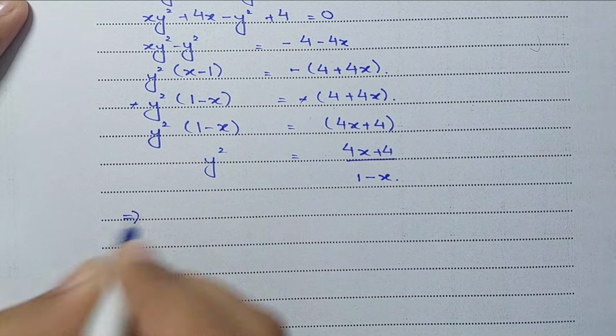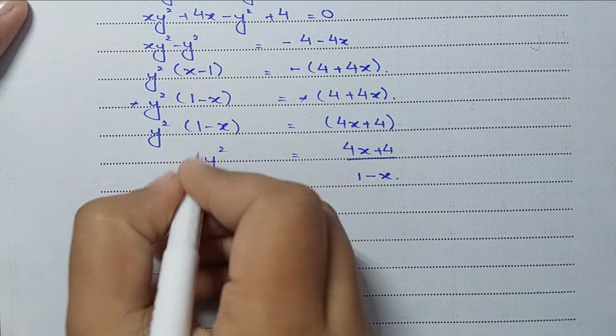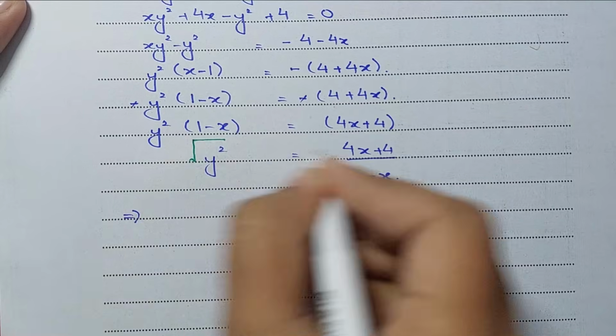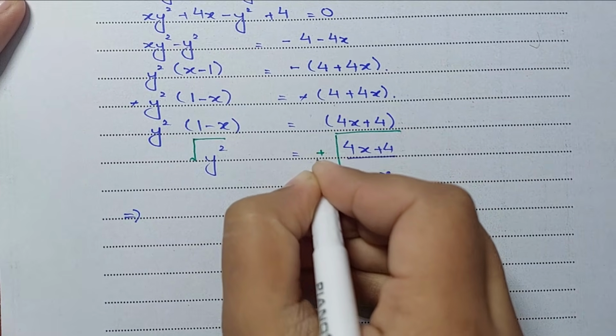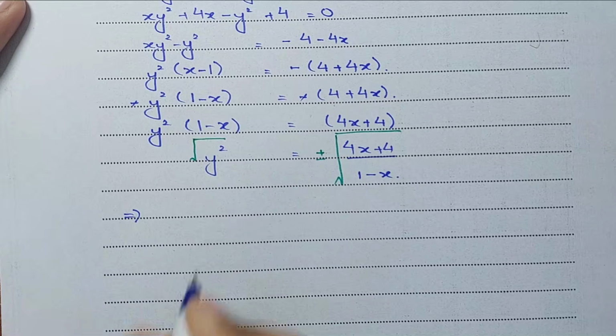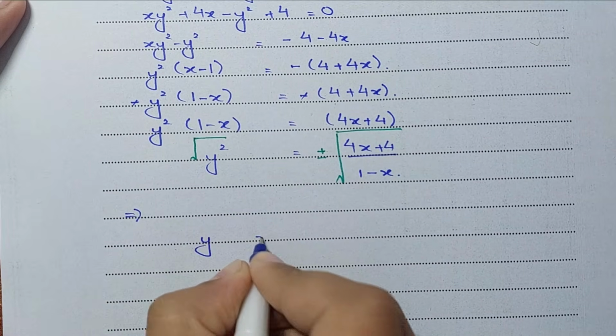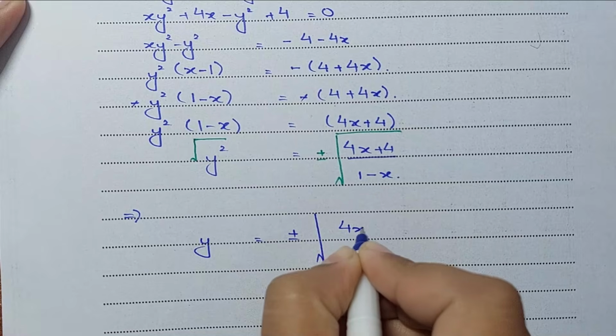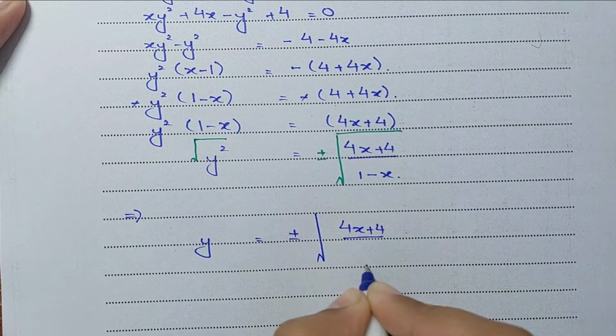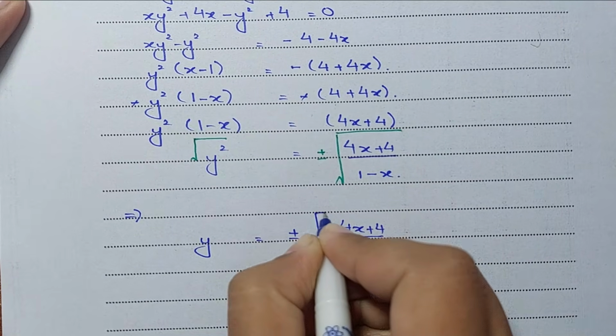Now to get the value for y, we have to take a square root on both sides. When we do the square root on both sides, the answer should mean plus minus. So y equals plus minus square root of 4x plus 4 over 1 minus x. This is your f inverse of x.